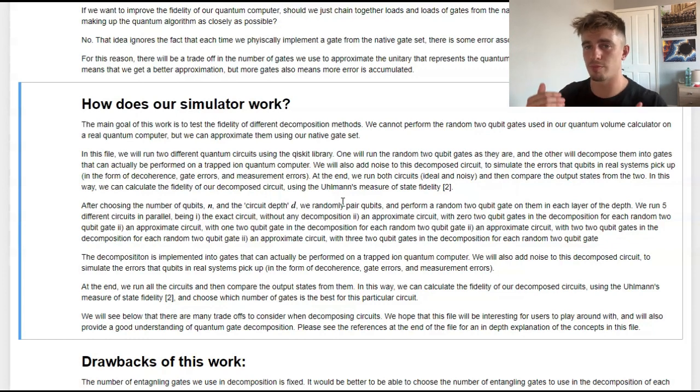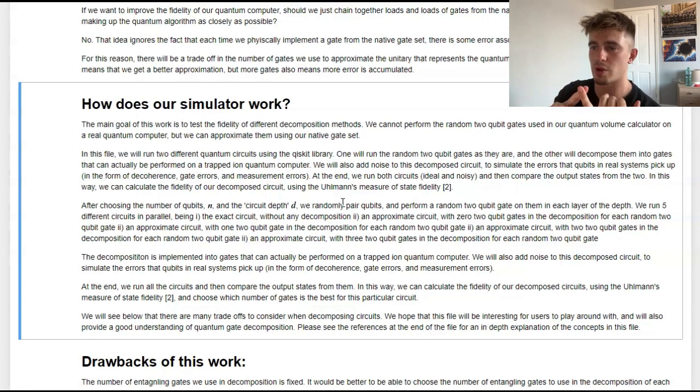Then we're going to decompose each one of those gates into the native gate set. And then in the next layer in the depth, we're going to do the same thing again: randomly pair them, random 2-qubit gates, decompose them into the native gate set, and so on. And then we're going to run multiple instances of this circuit.